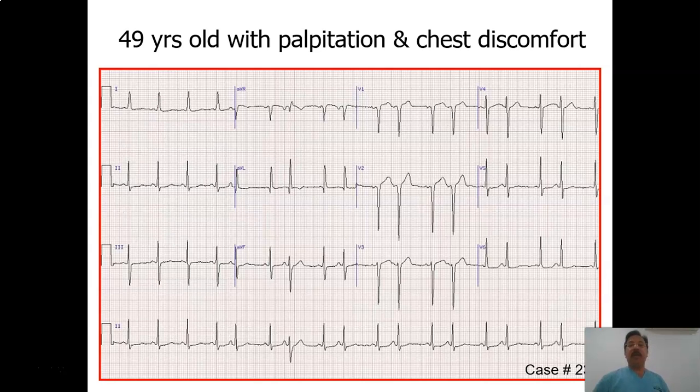Okay, this is ECG of case number 23, ECG of a 49-year-old with palpitation and chest discomfort. Look at this ECG at the bottom for a rhythm strip. So this is an irregular ECG. So we are going to see the heart rate by using the 6-second method.